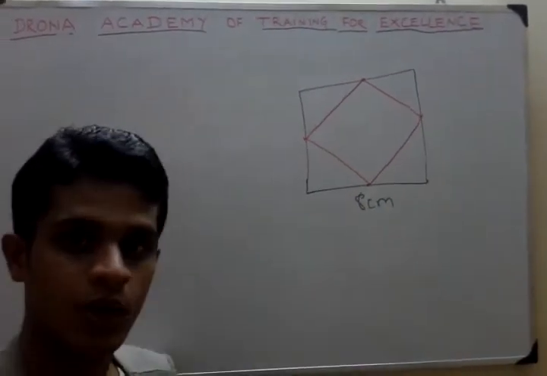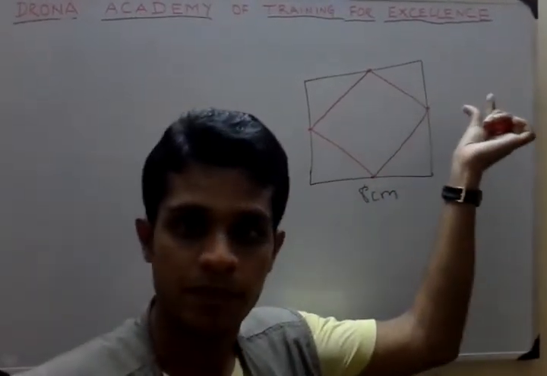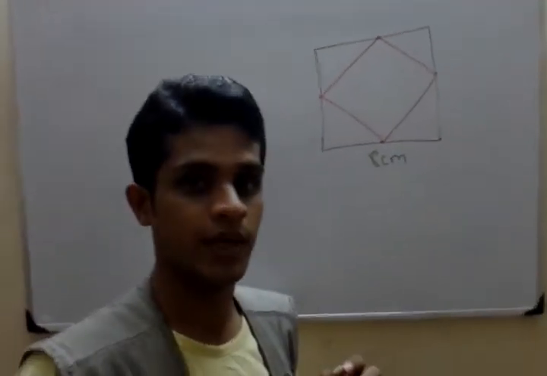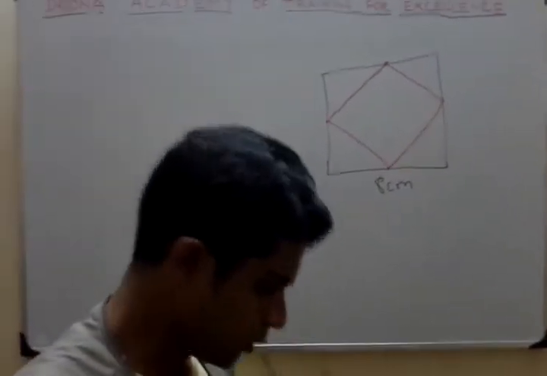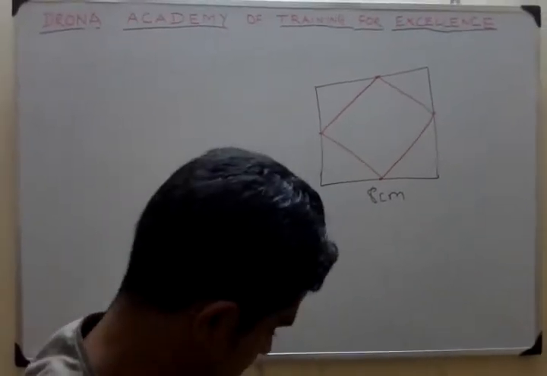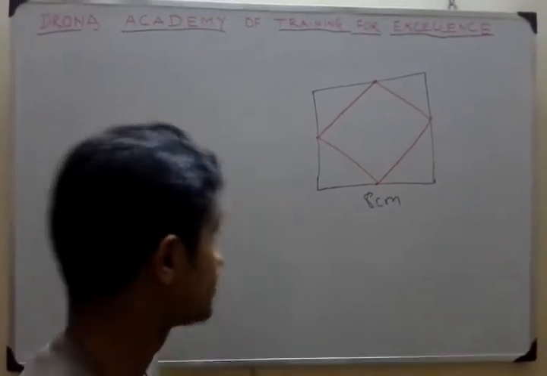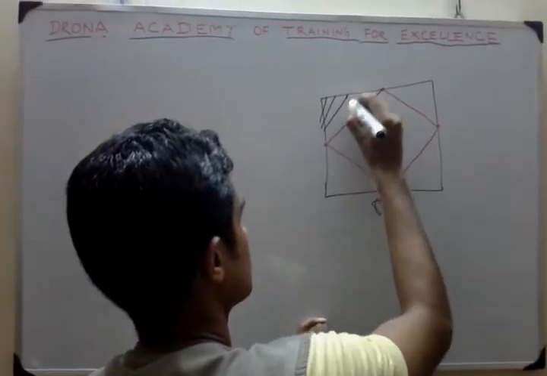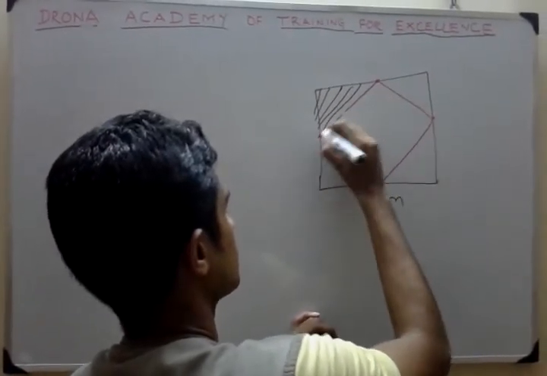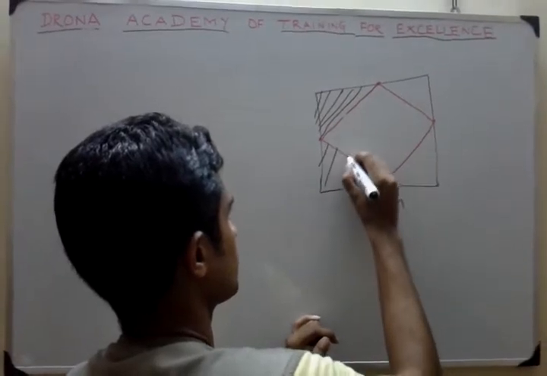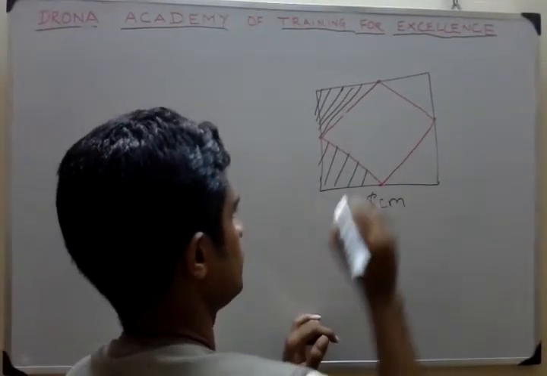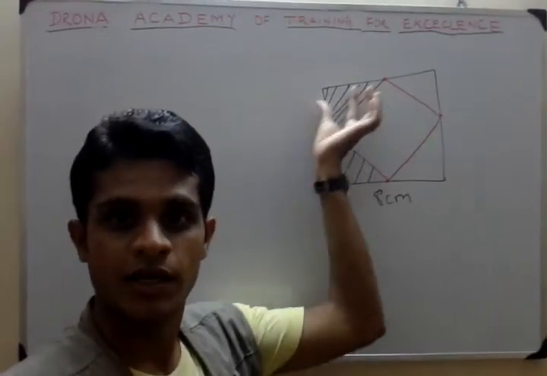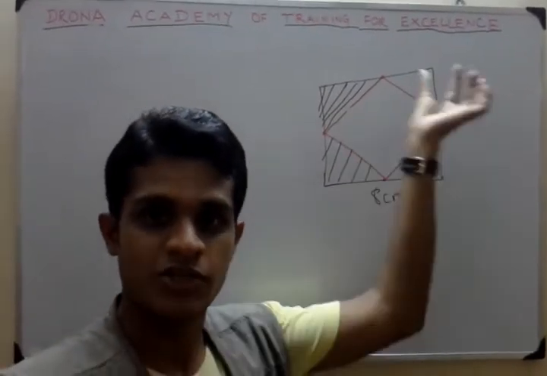No units for the square are mentioned, no data about side and no data about area as well. Now the question: suppose there is a shaded region like this. Find out the area of the shaded region.